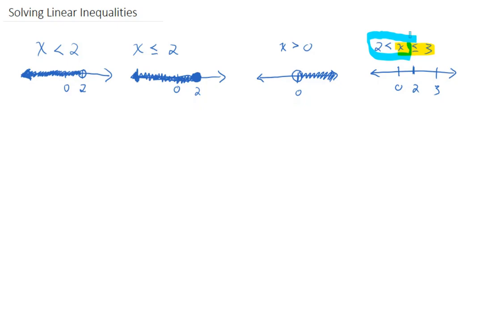And what we want is the place where both of these are true. So the place where x is less than or equal to 3 and bigger than 2 is the space between those two numbers. And as far as 2 goes, it is strictly less than x. It's greater than 2, so we put a ghost point there.